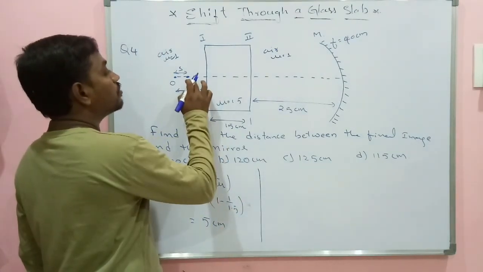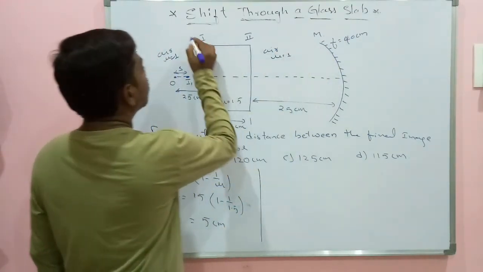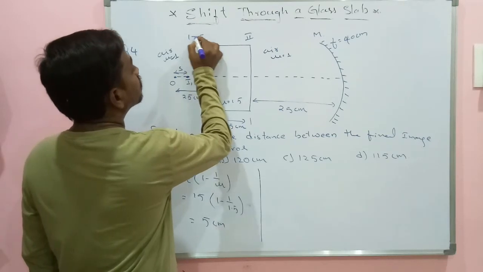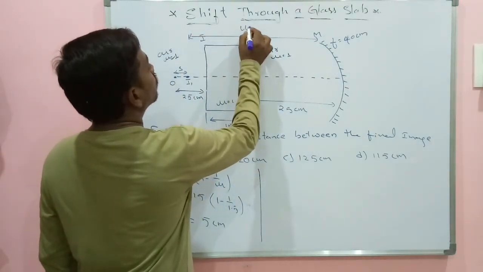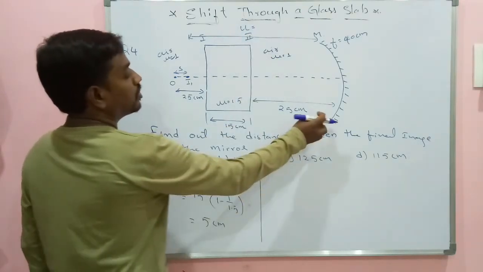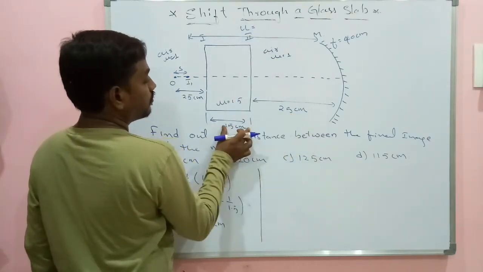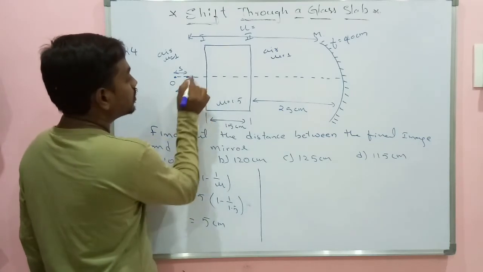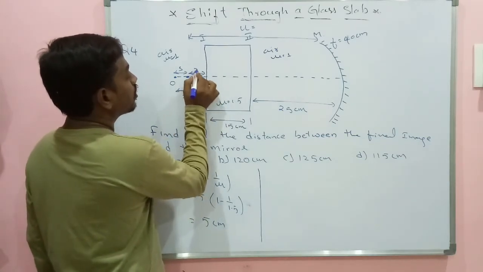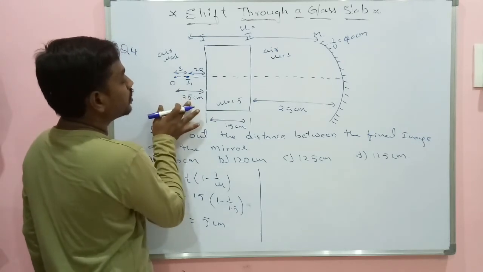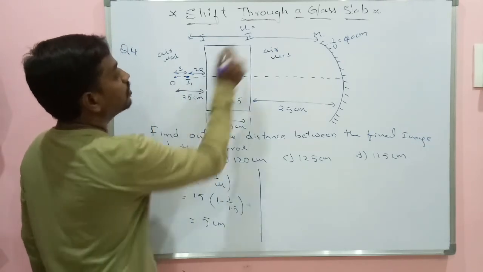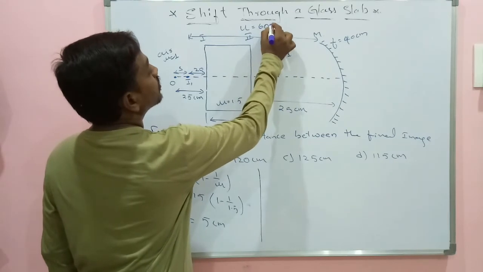So as the ray is coming from I1 to the mirror, this will be the object distance. U will be how much? 25 plus 15, 40, and here it is 20. As already it is advanced by 5 centimeters, I need to subtract 5 from the 25. So this will be around 60 centimeters.